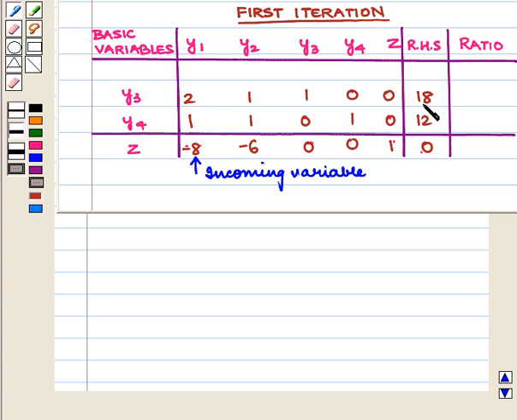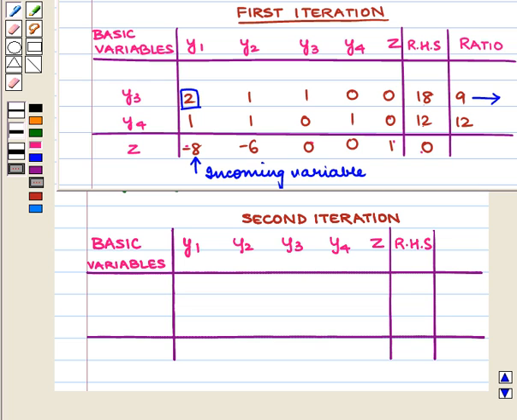That is 18 divided by 2 is equal to 9, and 12 divided by 1 is equal to 12. 9 is the minimum of the two ratios, so the corresponding entry 2 is the pivot element. So y3 is the outgoing variable.